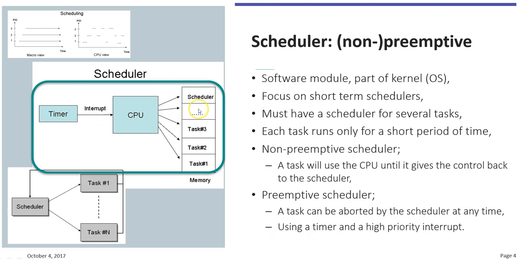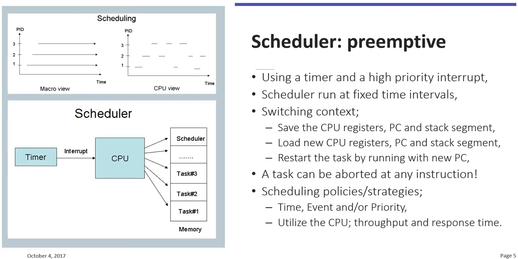And then the scheduler will figure out which task to run next, and then transfer the control to the task, and then the task will run until it's aborted by the next timer interrupt. So we will focus on the preemptive scheduler, which is normal for both general purpose operating systems and real-time operating systems.